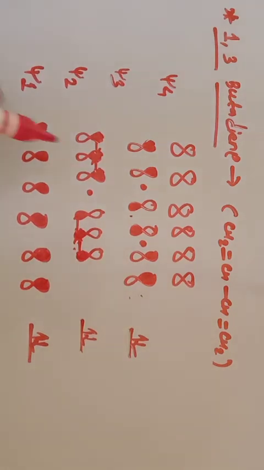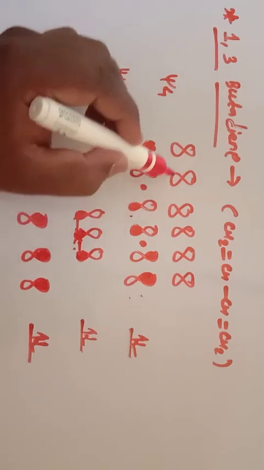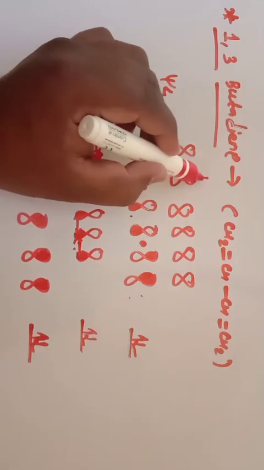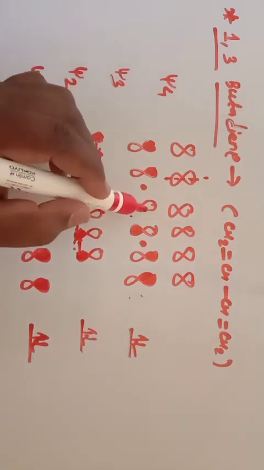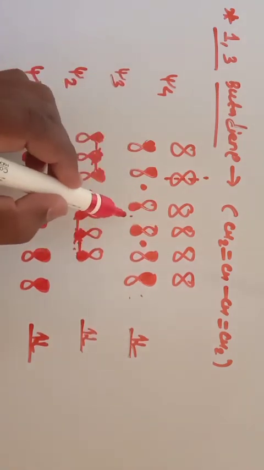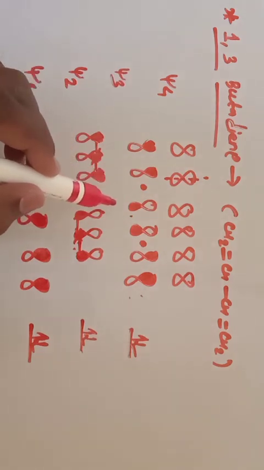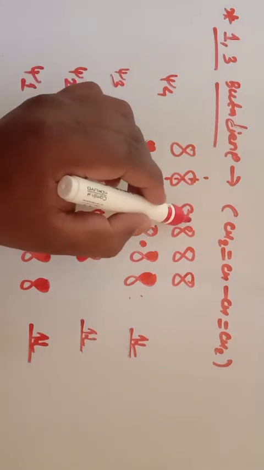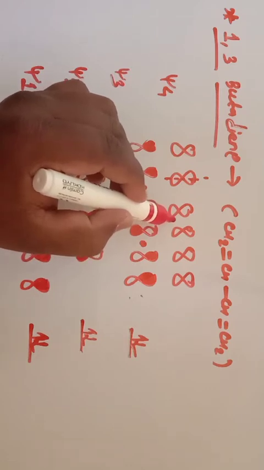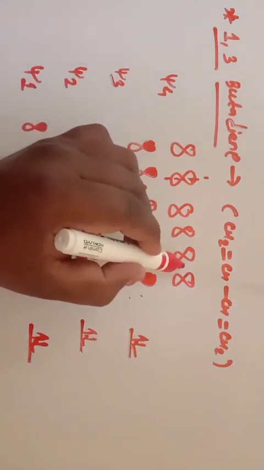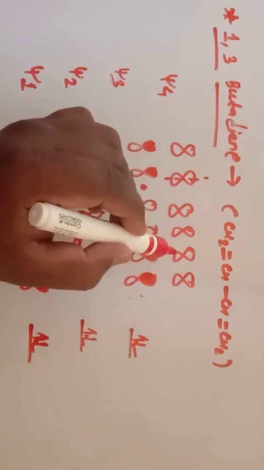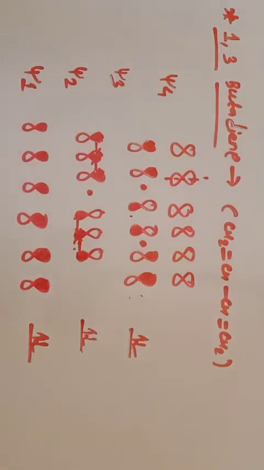If you consider this is your one node, then this is your second node, and this is also one node. So there are 6 carbons in total, but 2 p orbitals of carbon atoms do not get involved in bond formation. How can we draw three nodes?